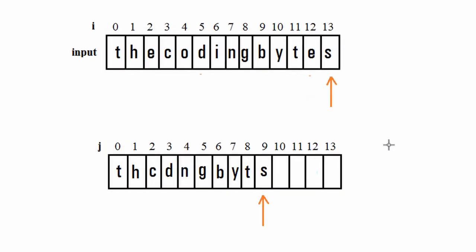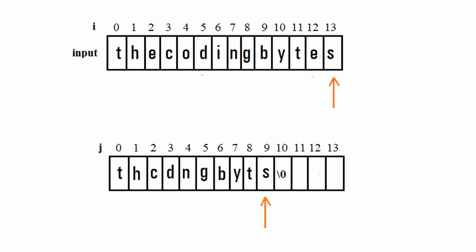Once we completely traverse the entire input string, we will have extracted all the consonants and put them in another string. At the end of this output string, we place a null character. This needs to be done only in the C language. This way we remove all the vowels from a string and display the result.